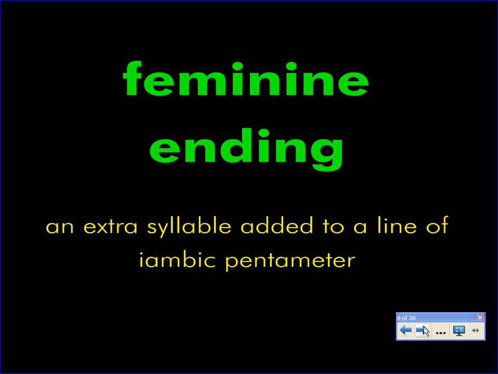We have a couple terms to refer to a line which ends imperfectly. I'm going to refer to a feminine ending. There are masculine endings and feminine endings. Masculine endings are endings which are fulfilled, complete, and, as the classic poets might say, perfect. Feminine endings are those which are somehow incomplete, usually by adding an extra syllable, which might actually break the rhyme a little bit if it's rhymed verse, or it breaks the meter slightly.